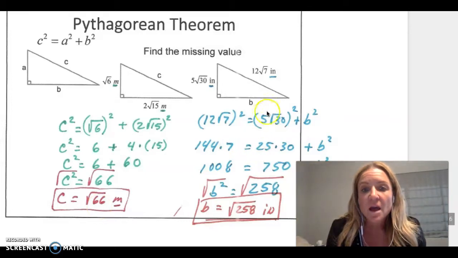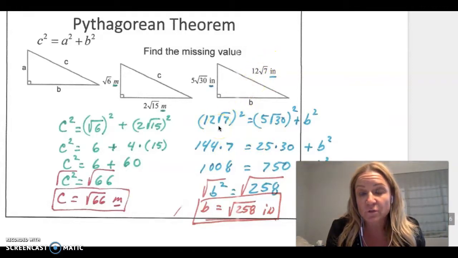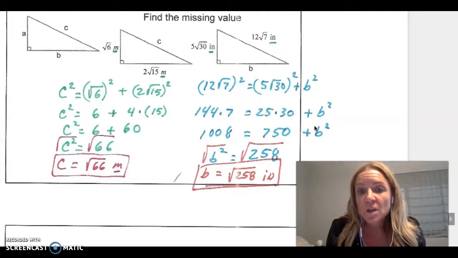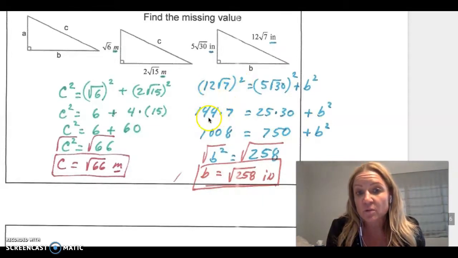Okay. All right. You can also do it with the hypotenuse plugged in. So if you take the hypotenuse of 12 rad 7, you plug it in for the c side, the 5 rad 30 in for a, and then solve for b. So 12 rad 7 times 12 rad 7, 12 times 12 is 144. Square root of 7 times square root of 7 is 7. 5 times 5 is 25.